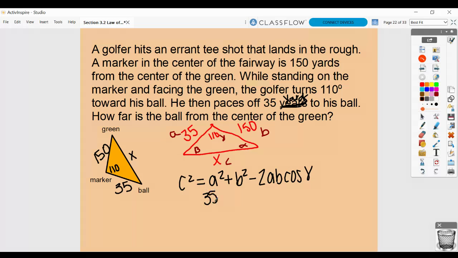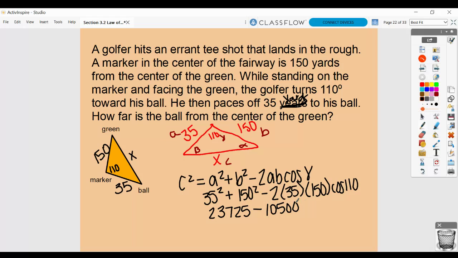So we have 35 squared plus 150 squared minus 2 times 35 times 150 cosine of 110. So 35 squared plus 150 squared is 23,725. And 2 times 35 times 150 is 10,500.